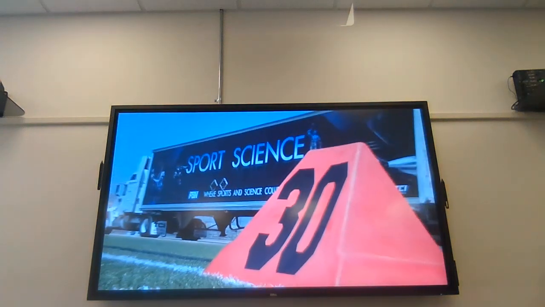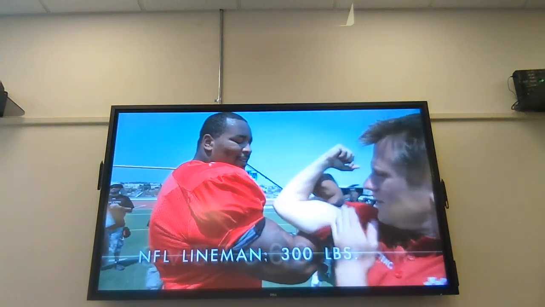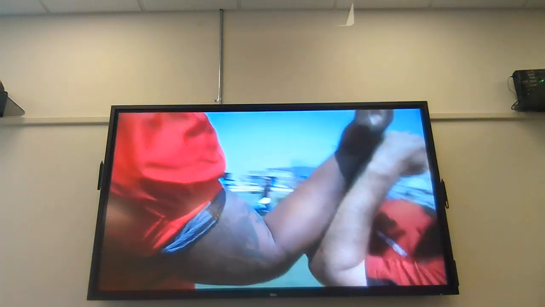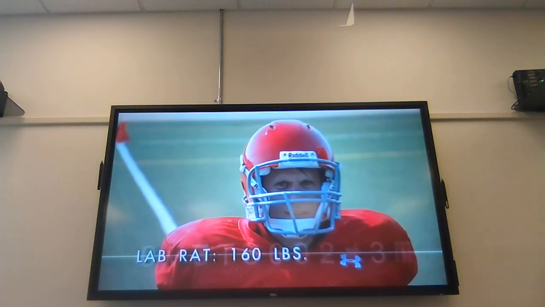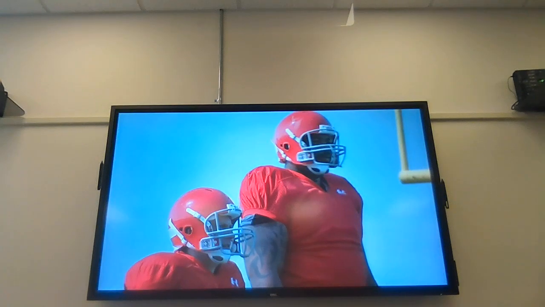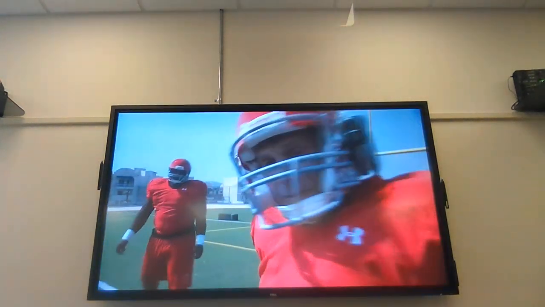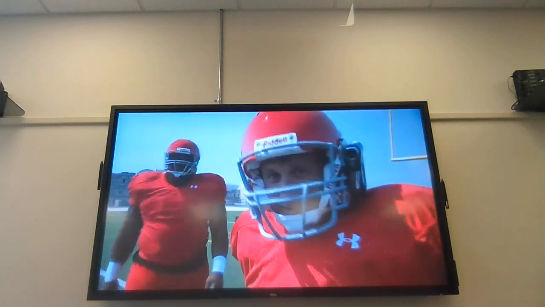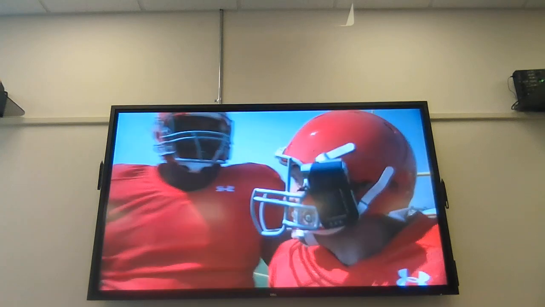The average NFL defensive lineman weighs almost 300 pounds, and he battles offensive linemen who average about 320. So our 160-pound lab rat is clearly in way over his head. You look like a kicker. I hope all the average Joes out there appreciate this, because I'm about to get my bell rung. Let's do this.